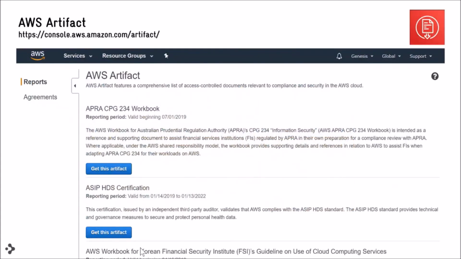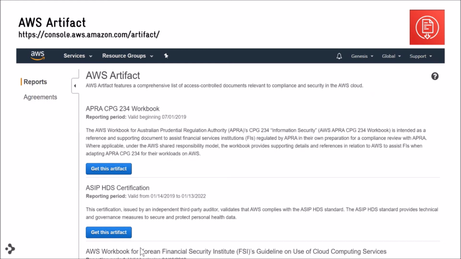There are also a number of reports that attest AWS controls on their side of the shared responsibility model. For example, if you need to pass along the controls for data center access, you can leverage the AWS SOC 2 report from AWS Artifact.